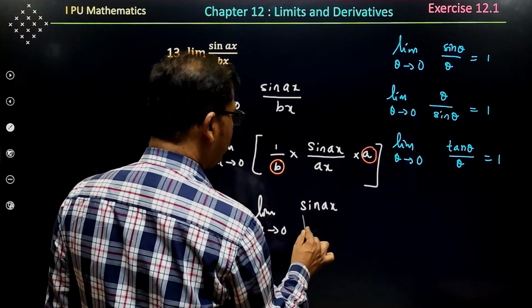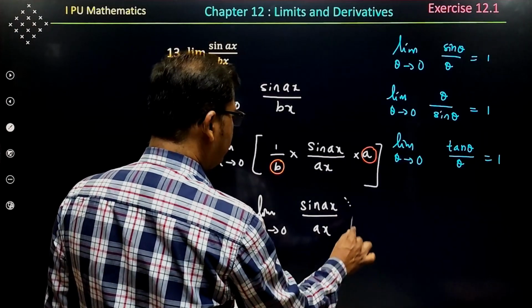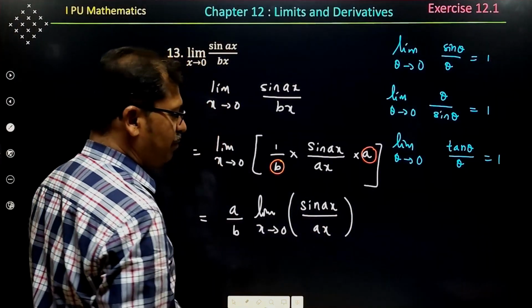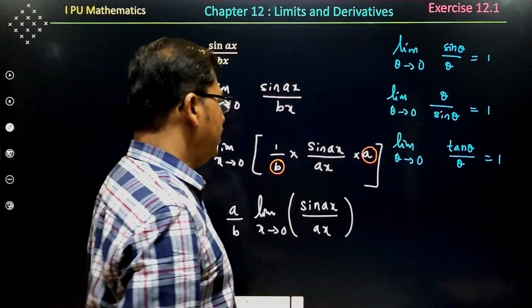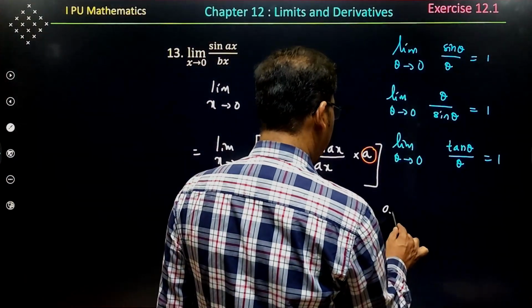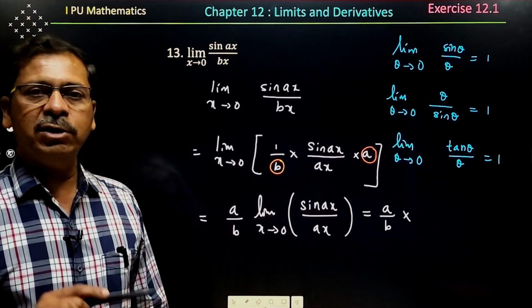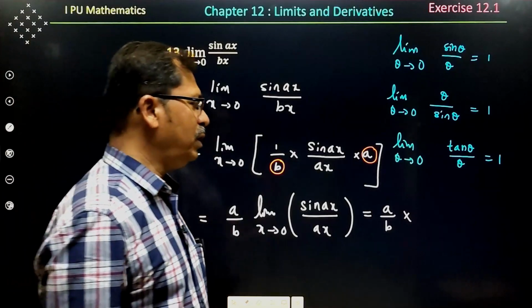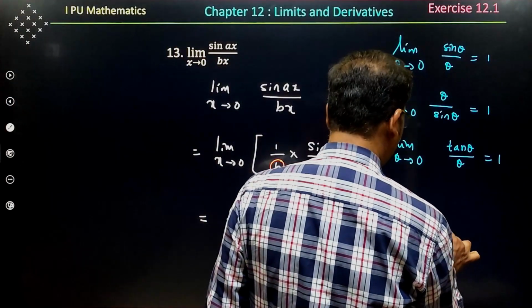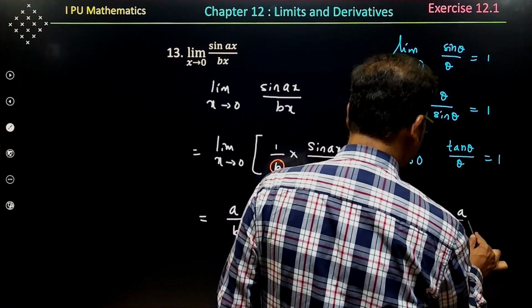This is the standard limit. This is equal to a upon b into limit theta tends to 0, sin theta upon theta, which is equal to 1, you know already. So based on that you can write it as 1. So the answer is a by b.